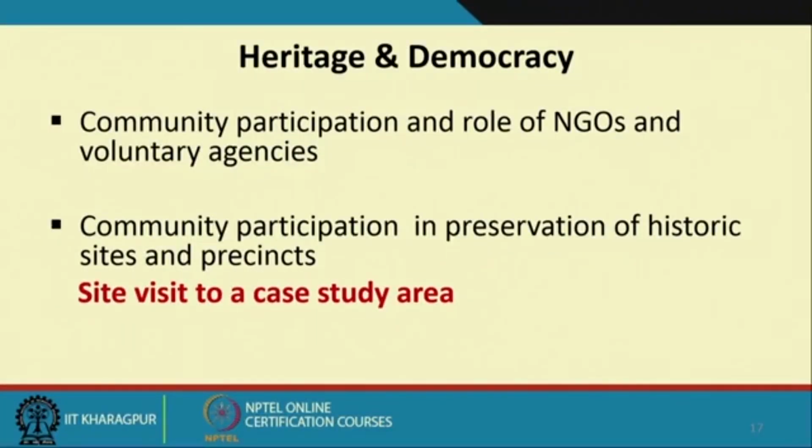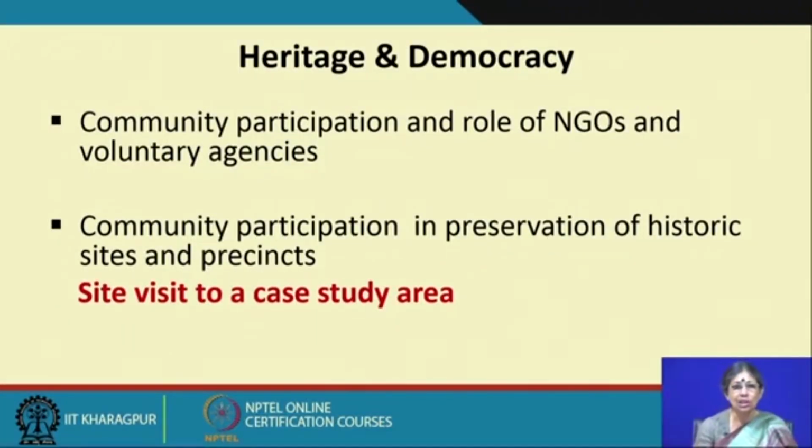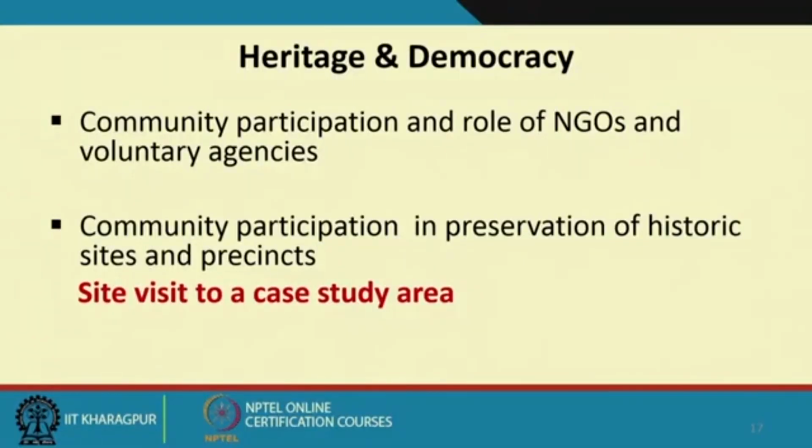While talking about that, as I was saying, I am repeatedly talking about the community. So, heritage and democracy, because heritage is not possible without the involvement of the people. It is everybody's heritage. Community participation can't be a top-down approach; it has to evolve with the people and their participation, so that there is a sense of pride.